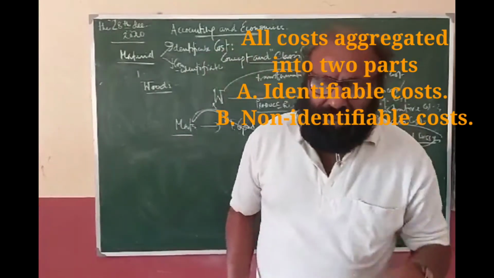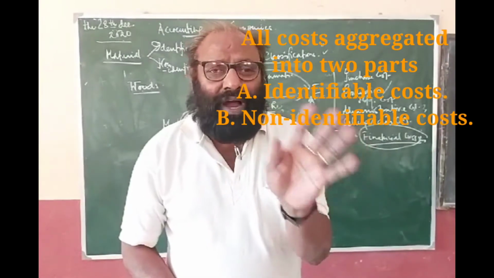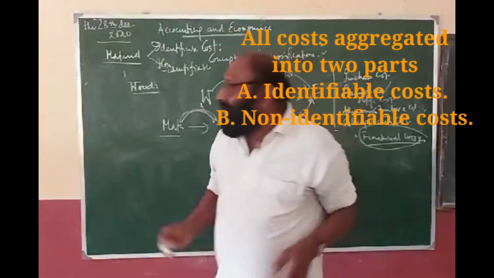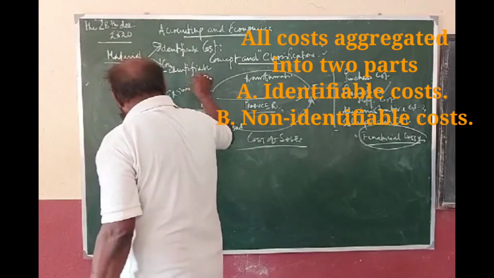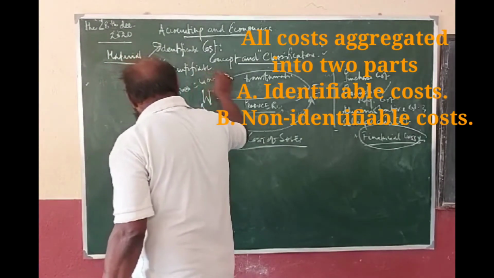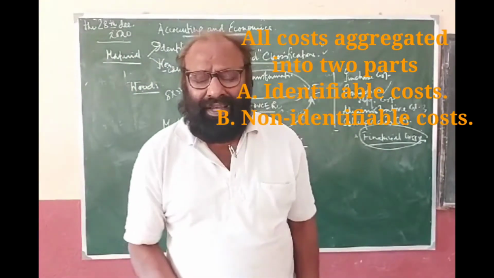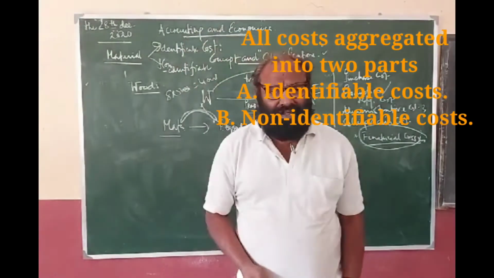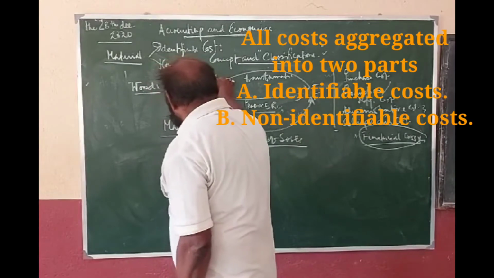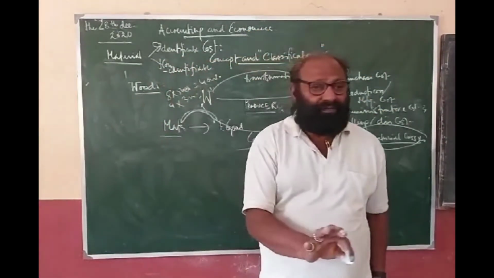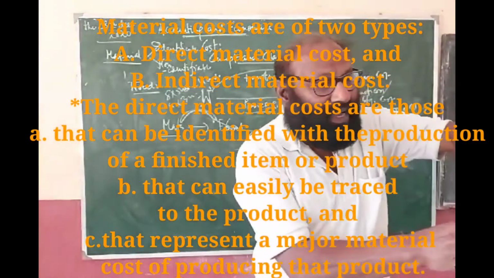Sir, just take 8 laborers, masons will be needed. How much cost? 500 each, so 8 times 500, sorry, 4000, and other labor at 300 each, take 4, 300 each, that is 1200. So this is the cost of labor. Clear? It can easily be identified. Okay, so labor cost can easily be identified.